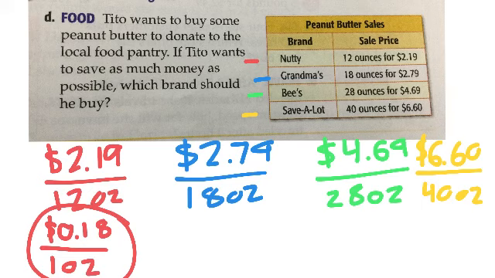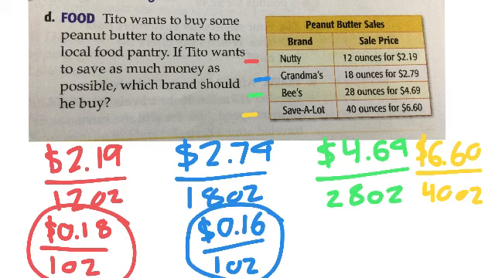For Grandma's brand, which is in blue, I would do $2.79 divided by 18, which would give me 0.155. So when I round that up, that's going to be 0.16. So 16 cents for every ounce. So right now, Grandma's is a little bit cheaper than the Nutty brand.